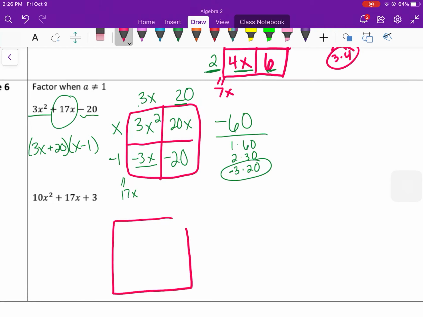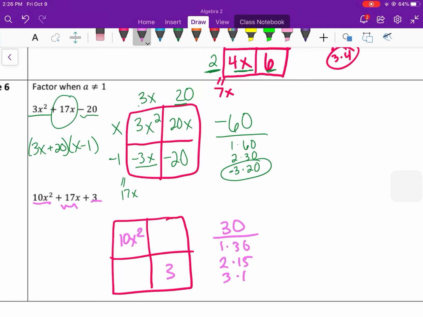All right. 10x squared goes in the first spot, and 3 goes in the last spot. 10 times 3 is 30. Multiples of 30 that add up to 17 again. So 1 and 30, 2 and 15, 3 and 10. 2 and 15 would work. If they're both positive, it adds up to 17. So that means 2x and 15x.